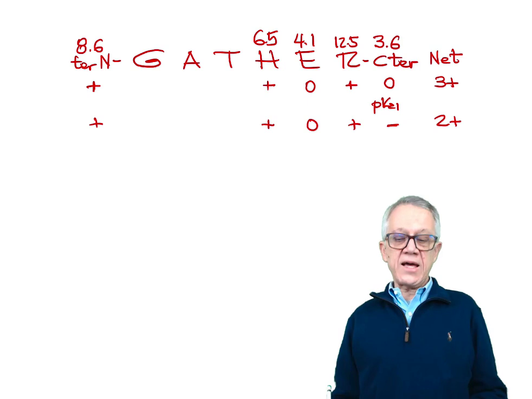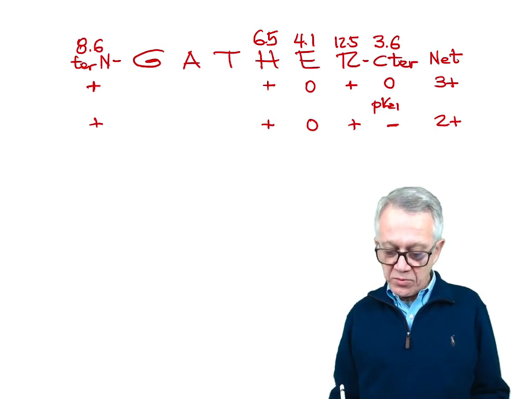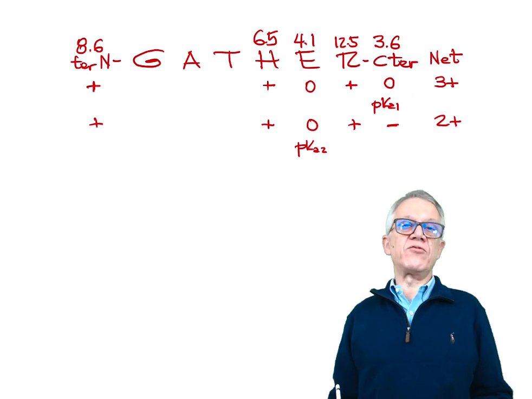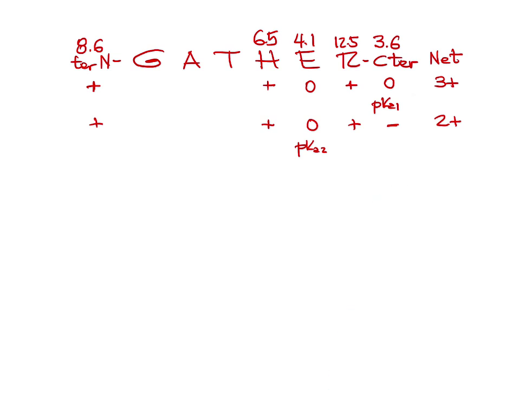Then we go to the next pKa, which will be this one here, pKa2, 4.1 for glutamic acid. When you pass that pKa, this is going to be negatively charged, and the other ones remain as such. No change for the other ones yet. So we have now a net overall charge of positive 1.